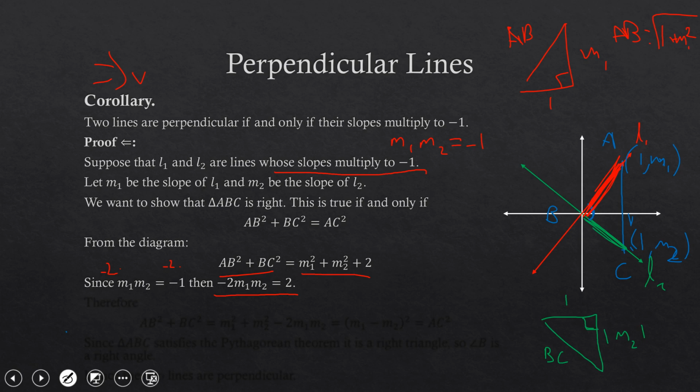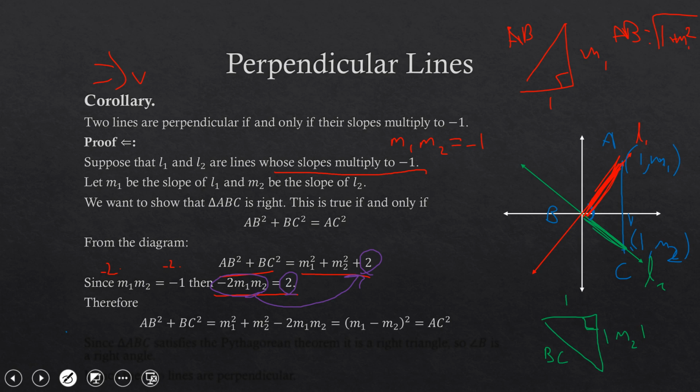All right, so now we can make a substitution. So let's use another color here. So 2 is equal to -2 M1 M2. And so I can replace this 2 with -2 M1 M2, which is what it equals.